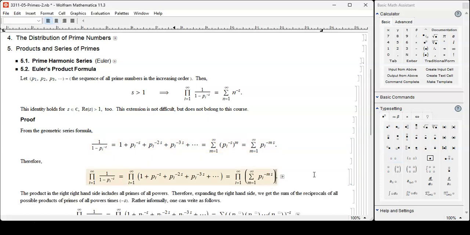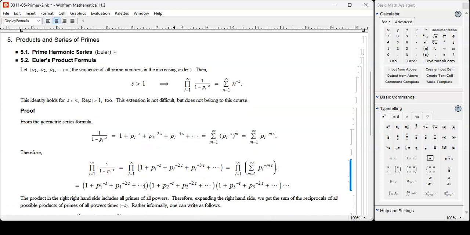You can consider this as this geometric series times the next geometric series times the next, and so on and so forth, for the primes p1, p2, p3, p4, and so on. So far so good. Just using the geometric series and then putting those into this infinite product.